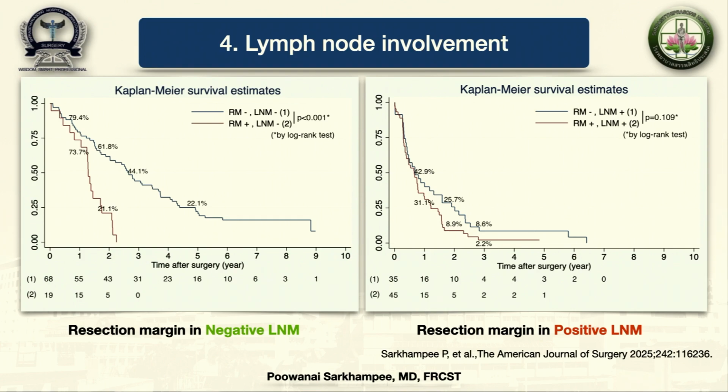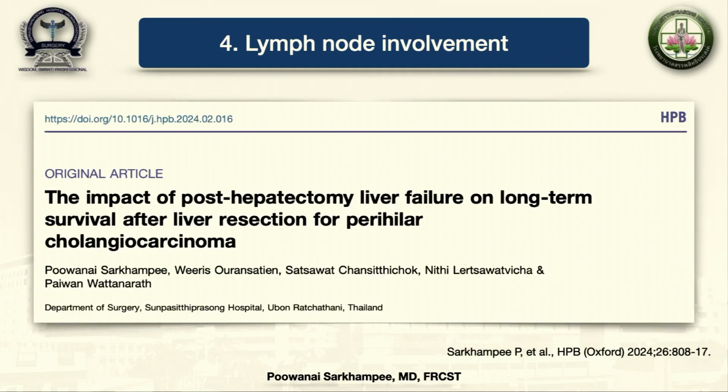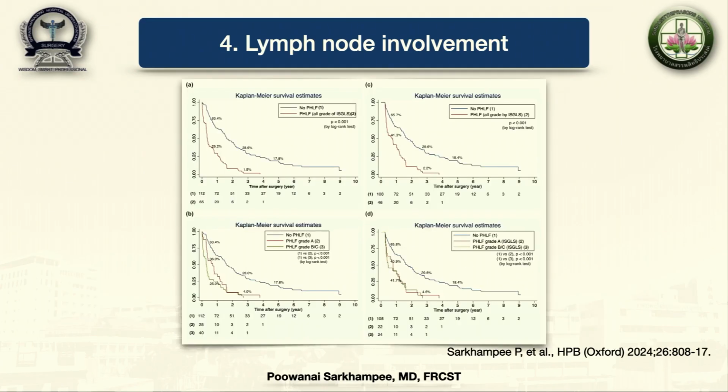This is the most important point. Because of it, you decide to perform trisectionectomy, portal vein resection, artery resection, but the patient has lymph node metastasis. Sometimes it's a much higher price to pay for the patient. And importantly, lots of patients experience post-hepatectomy liver failure. We found that not only short-term survival, but also post-hepatectomy liver failure impacts long-term survival.